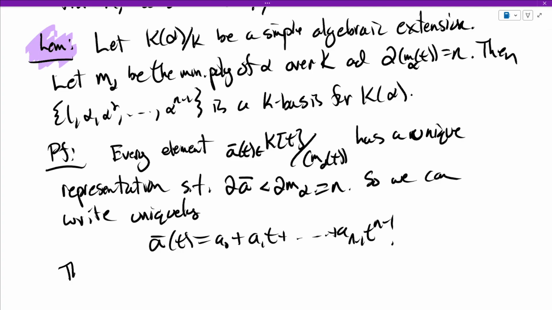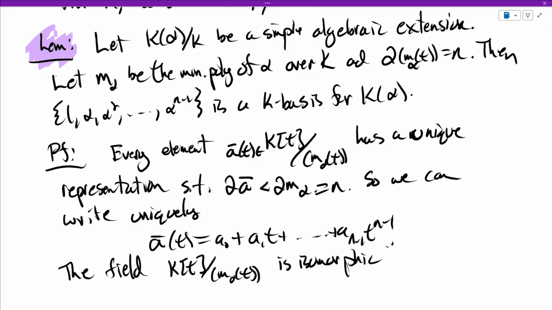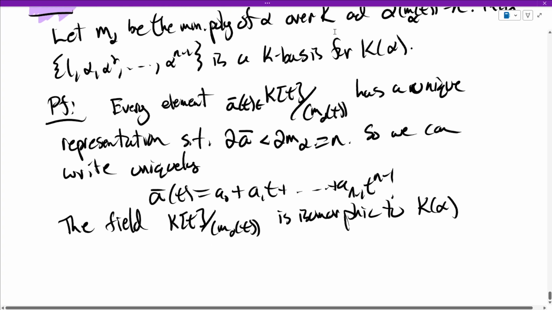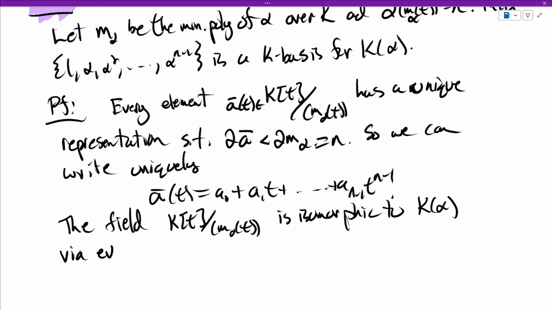Now the field k adjoin t mod m alpha is isomorphic to k of alpha via evaluate t at alpha.